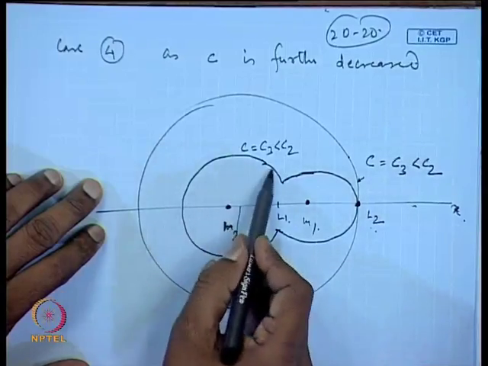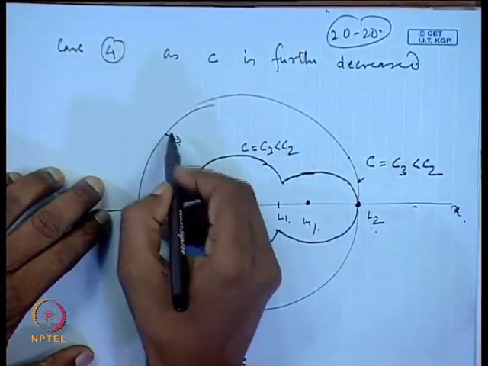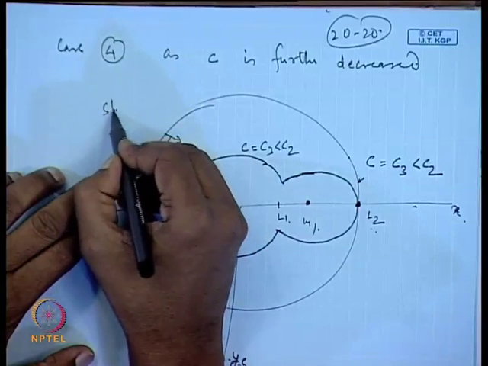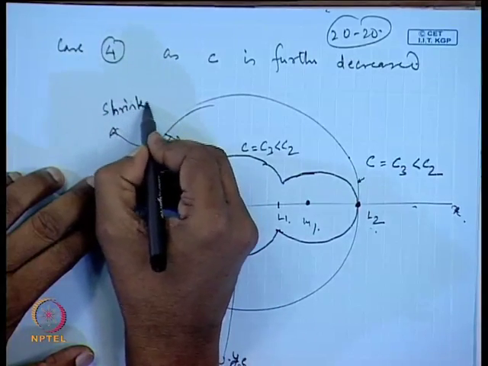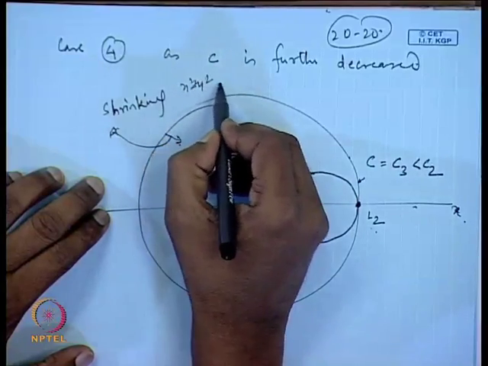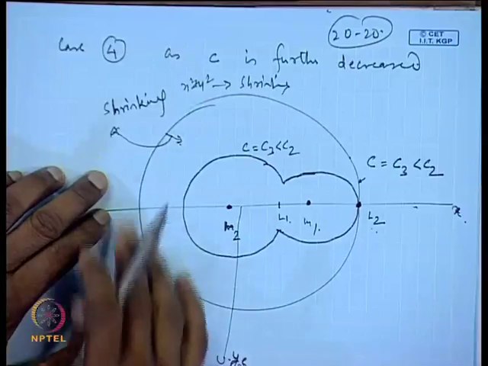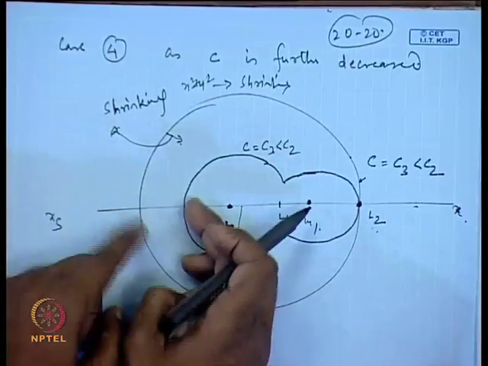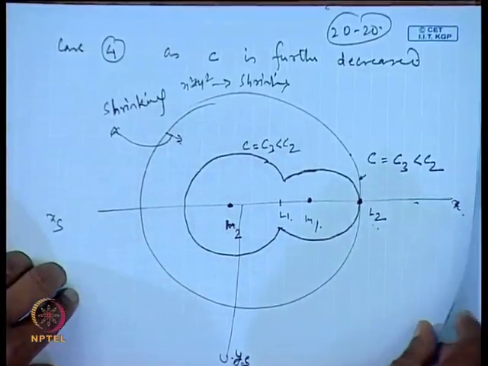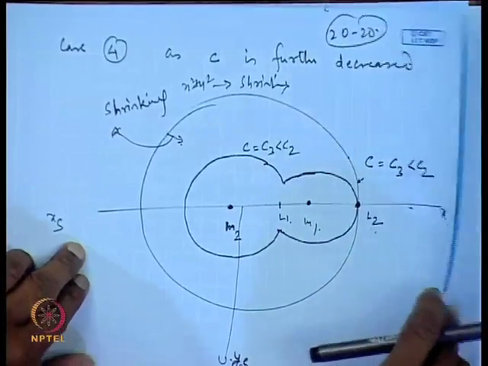Similarly, in the next step this will become larger than this and this radius will shrink. This is shrinking, as we have said that this will go down, so x square plus y square is shrinking. As it shrinks, this and this expand, so they will come and merge together here in this place, and this space will open up here in the next stage.